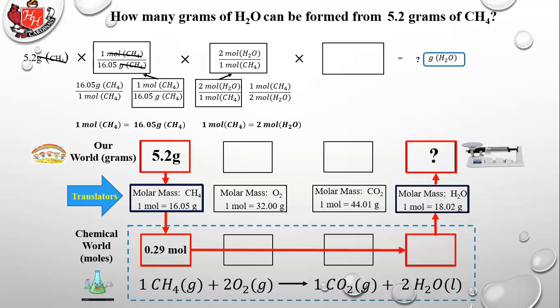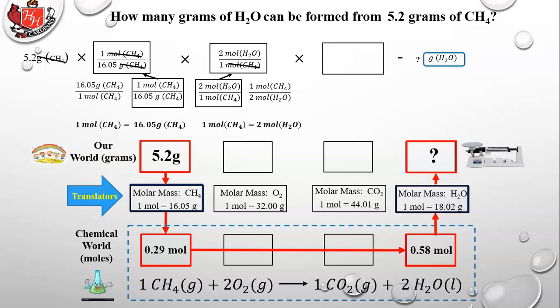It cancels with moles of CH4 on the bottom. Remember, you can cancel across a times sign. All right, that leaves us with moles of H2O. So over on the bottom right of the screen, you see moles of H2O, and if you did this calculation, again, you will not do this intermediate calculation, you get 0.58 moles of H2O.